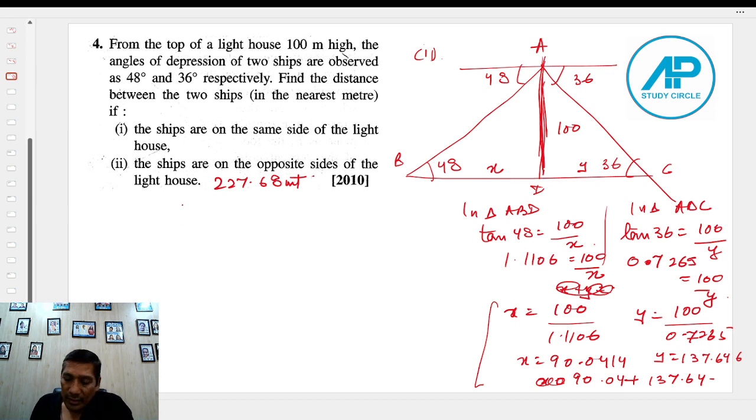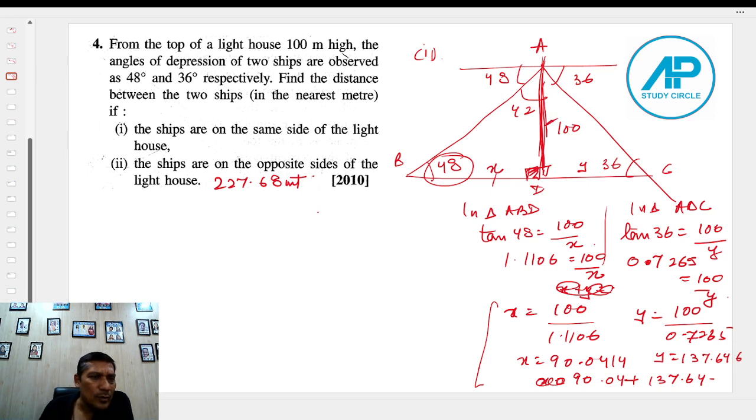Now I add one thing into it. आपको यहाँ पर एक चीज़ नोटिस करिए कि जब आप 1048 यूज़ करते हैं तो आप 100 को डिवाइड कर रहे हैं 1.106 से. Now if you can do this, then this angle is 42. अगर आप ये एंगल 42 क्लियर, बस इनका सम 90 होगा तो ये एंगल 42 हो जाएगा. अब अगर ये एंगल 42 का ले लेते हैं तो ये बेस हो जाता है और ये परपेंडिकुलर हो जाता है.